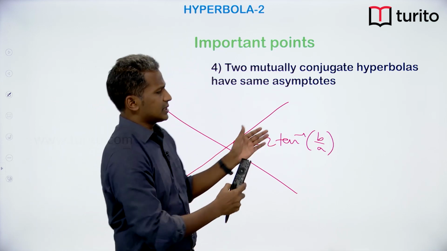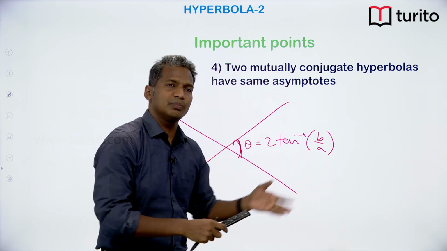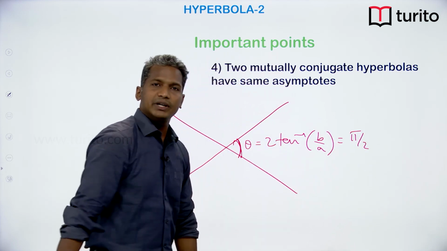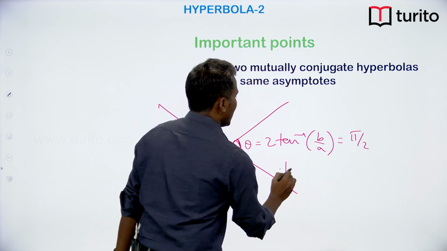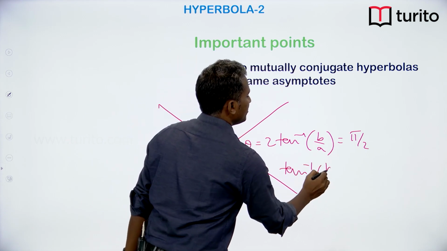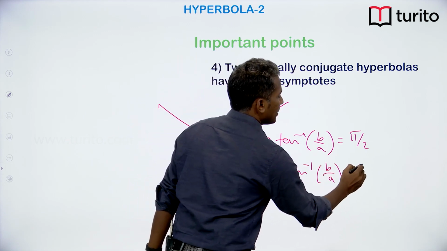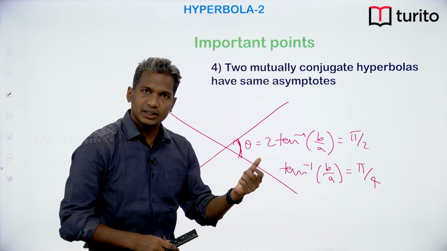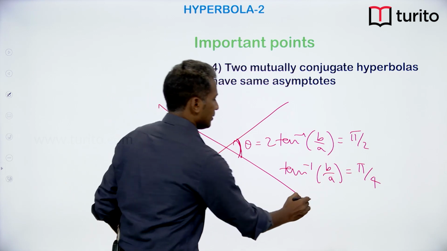Now, based on this, if I equate this to pi by 2, what happens to A and B? If I equate this to pi by 2, then tan inverse of B by A becomes pi by 4, which means tan of pi by 4 is 1, that means B by A must be equal to 1.